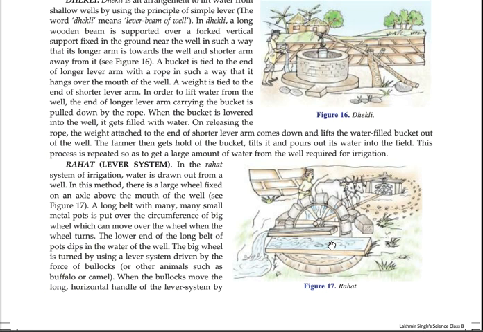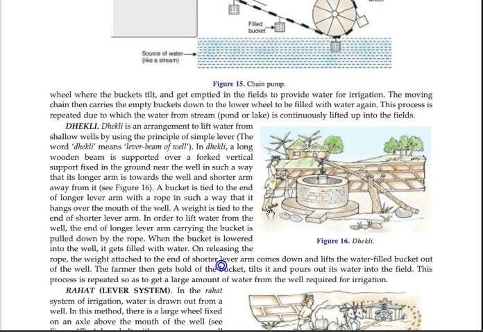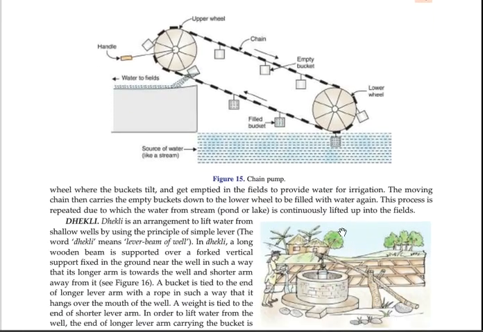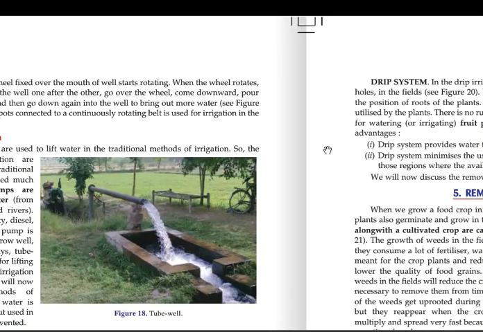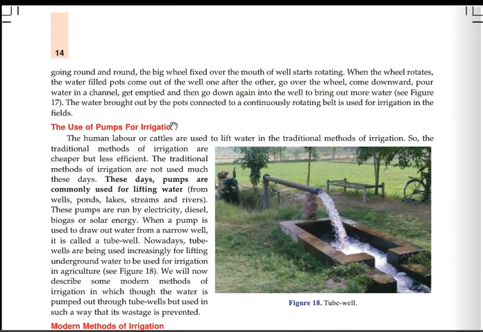The lower end of the belt of pods dips in the water of the well. The big wheel is turned by using a lever system. When the bullocks move along, the horizontal handle of the lever system goes round and round.